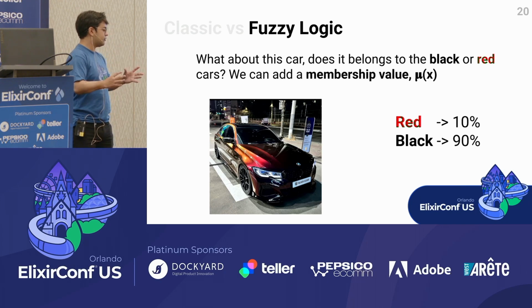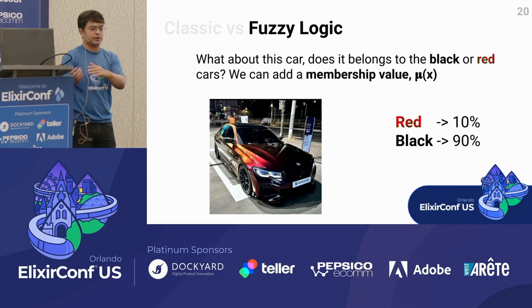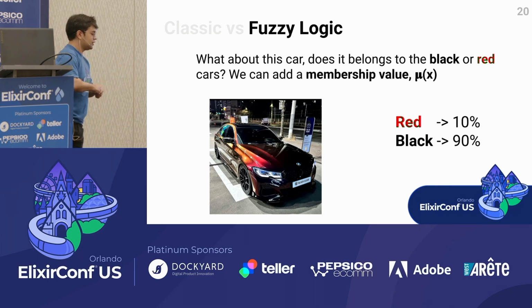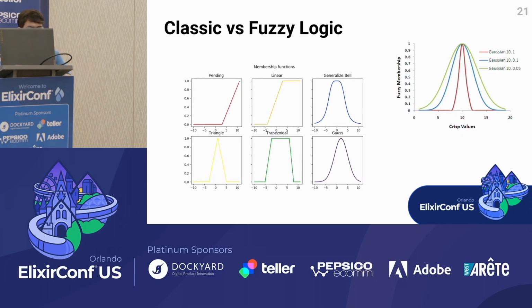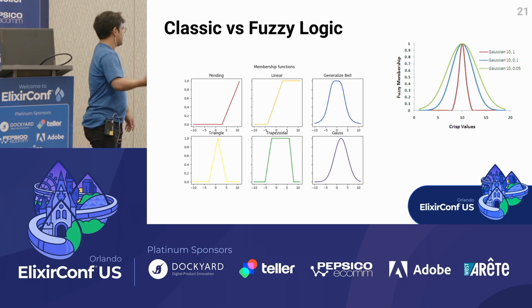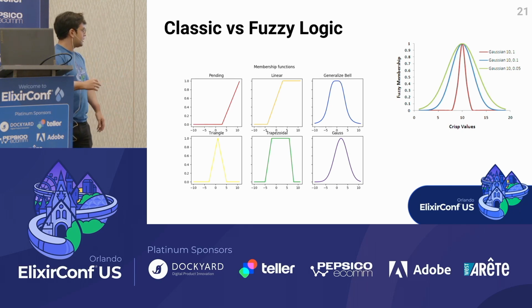This mathematical function can have any shape that we need to describe the behavior of the element being part of the set. These shapes can be a Gaussian bell, a triangle, a trapezoid, or whatever. And this can be a pretty good help for us.